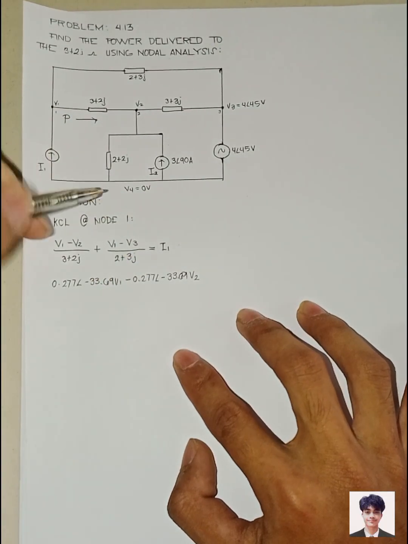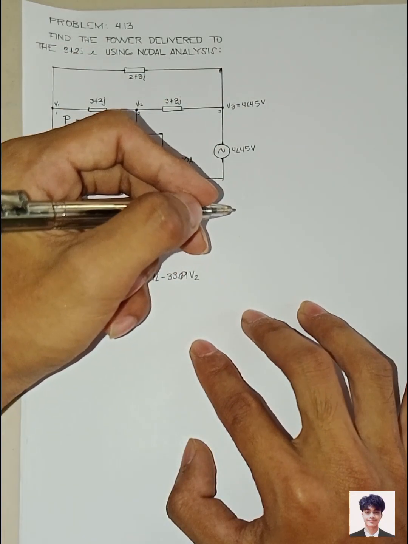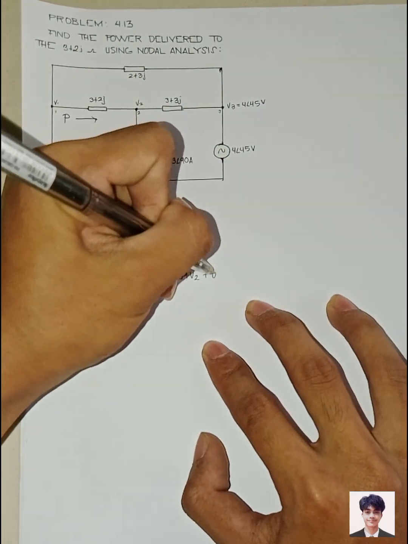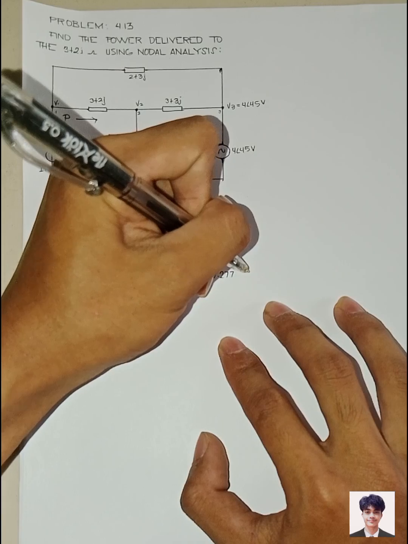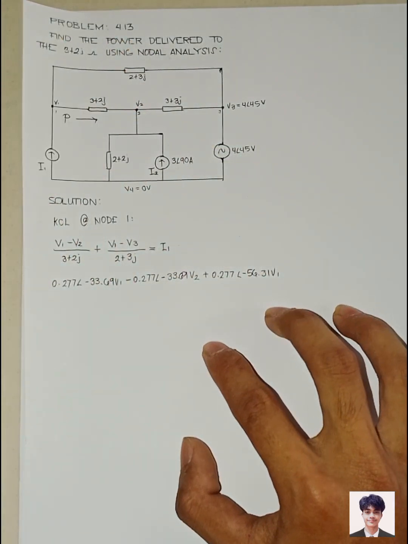Next, positive 1 divided by 2 plus 3J is equal to positive 0.277 angle of negative 56.31 V1.